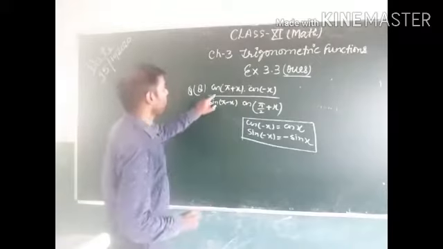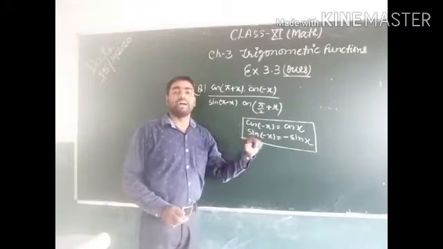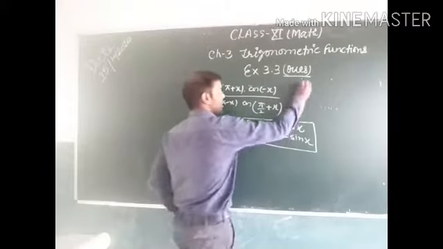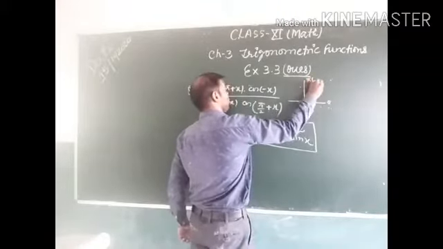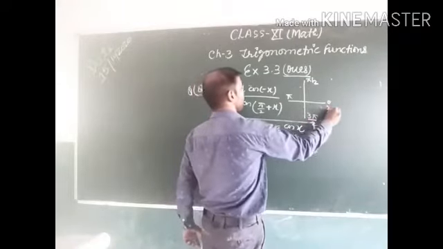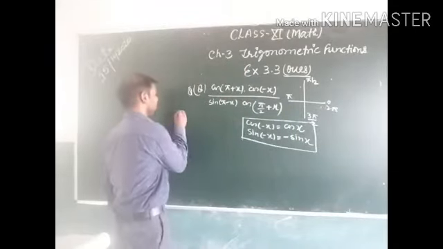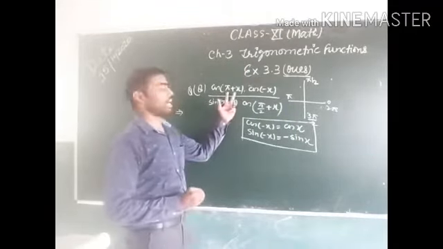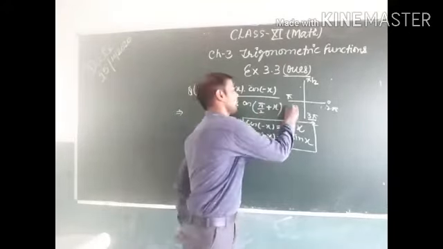So first of all, cos pi plus x. First identify the quadrant. This is 0, this is pi by 2, this is pi, this is 3 pi by 2 and again 2 pi. So pi plus x is in the third quadrant.